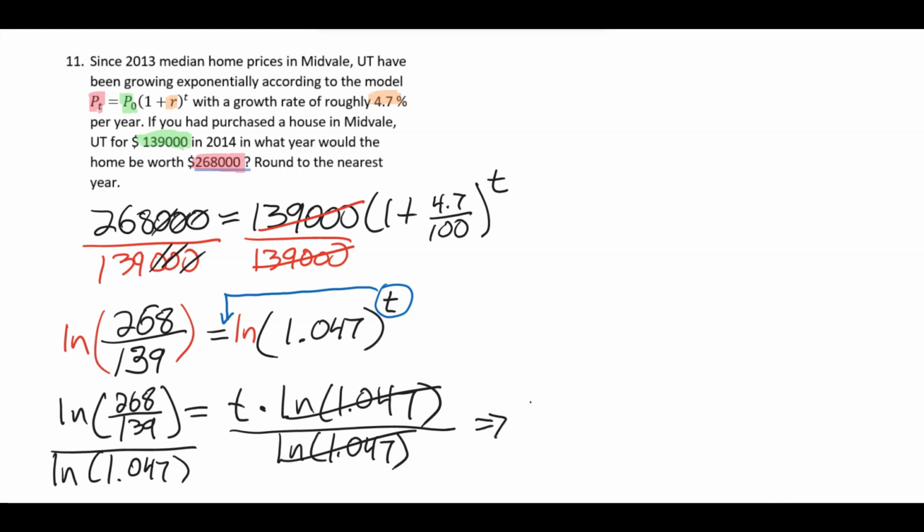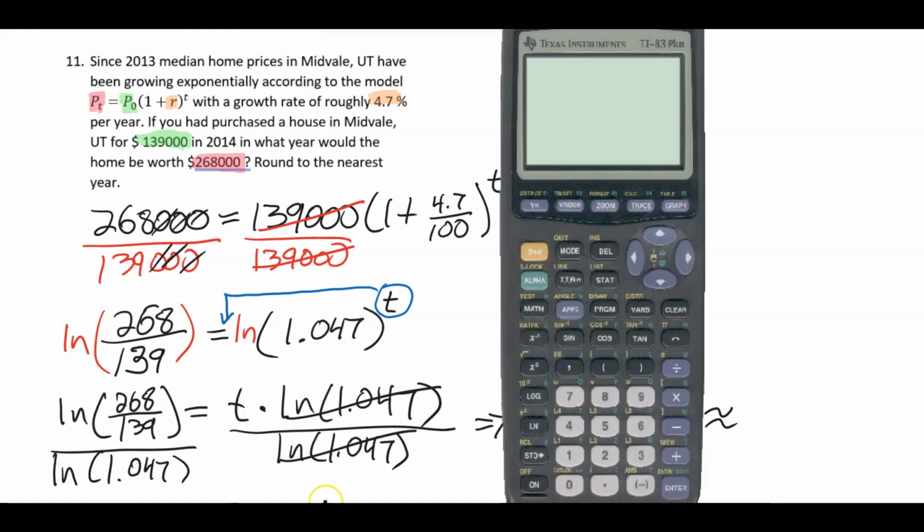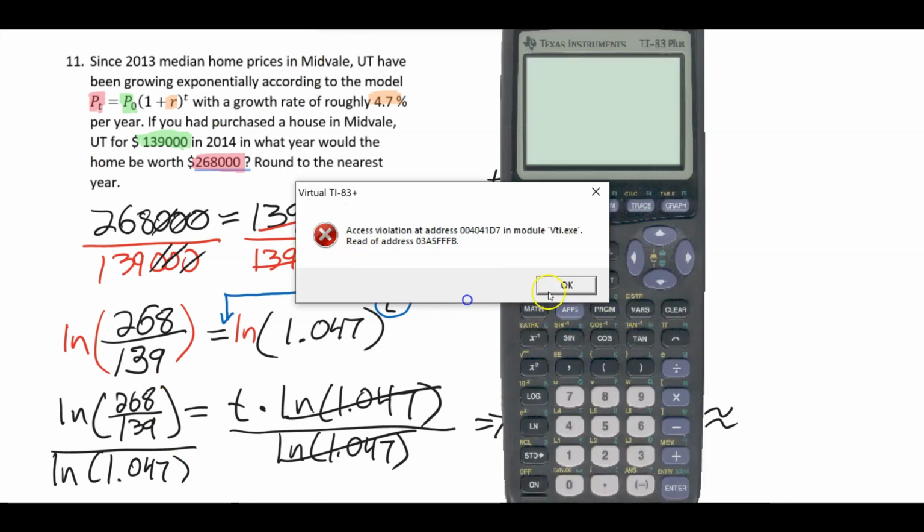This gives us T equals natural log of 268 divided by 139. If you still have the zeros, that's fine. These zeros we reduced. But now we can go to our calculator and approximate this to the nearest year as requested. Let's take a look at what we get.